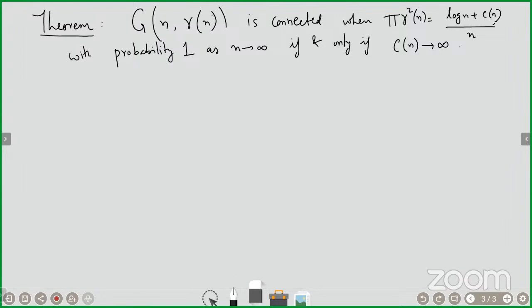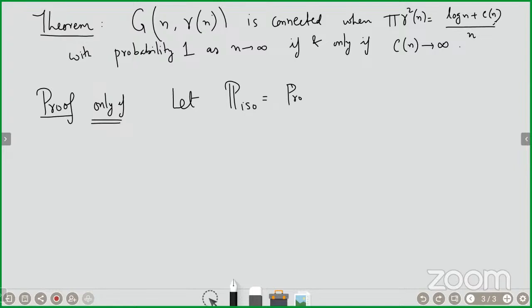Okay, so let us move to the necessary part. Only if. So let P_iso be the probability that there is an isolated node.